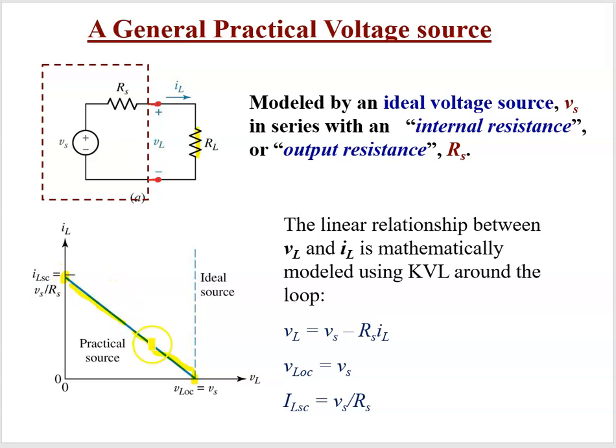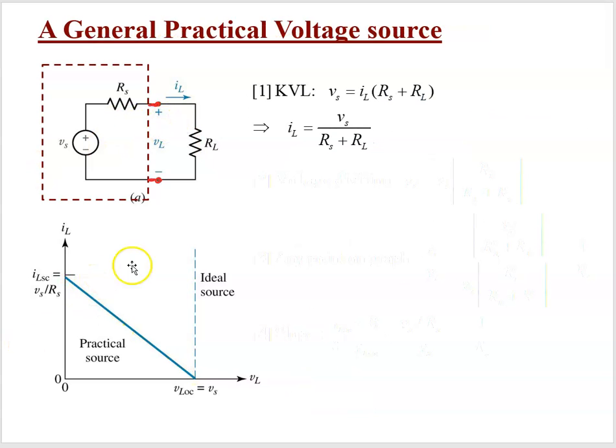And what moves us up and down this graph is when we change the load resistance. So this is not the voltage across the resistor. It's not our Ohm's law graph. It's the voltage at the output terminals of our practical voltage source as we're changing the load. Our current is going to be that ideal voltage source divided by the practical source's series resistance plus whatever the load resistance is.